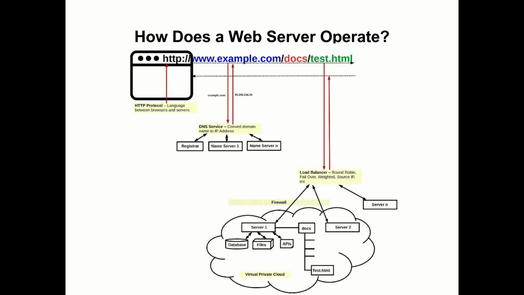You could have round robin, where traffic is evenly distributed; failover, where traffic is sent to one server until it fails, and then it's sent to the next server; or weighted, where traffic is sent based on weights attached to different servers; or the source IP, where the address you're coming from determines which server you're sent to.